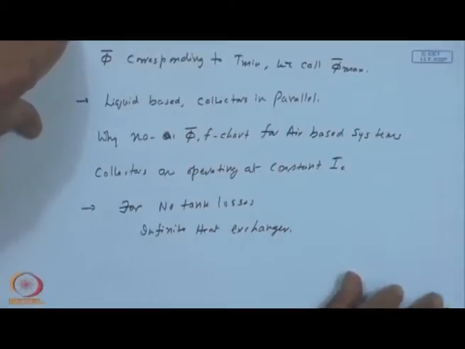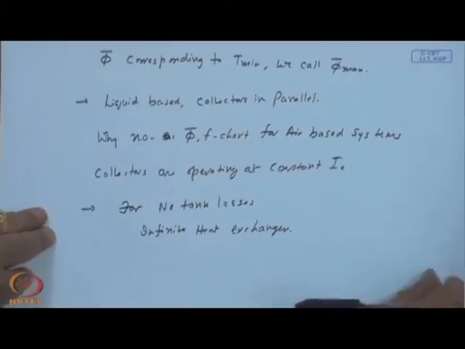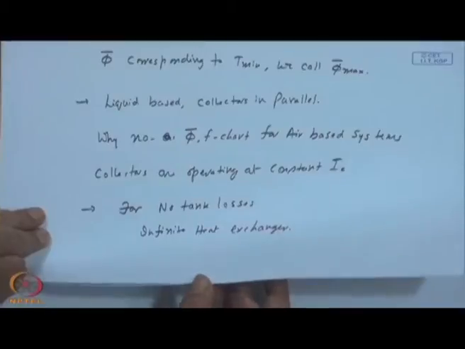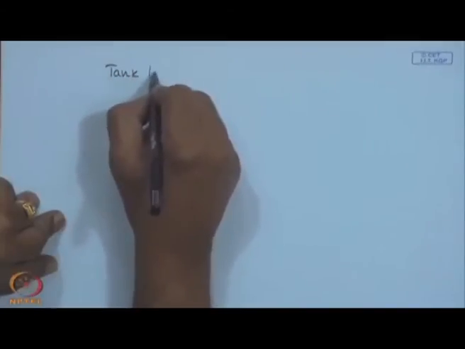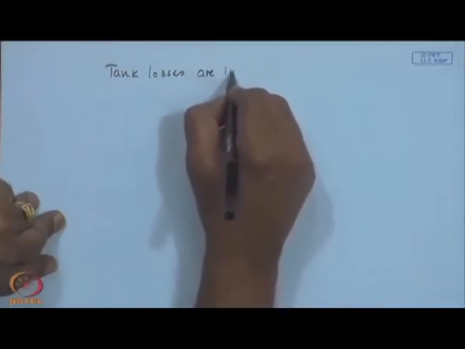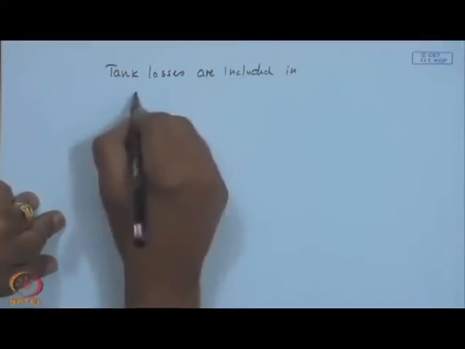So, this got a little more emphasis in the previous lecture as well as this lecture, whereas we underplayed this aspect in the case of F chart method. Tank losses are included in F chart correlation.